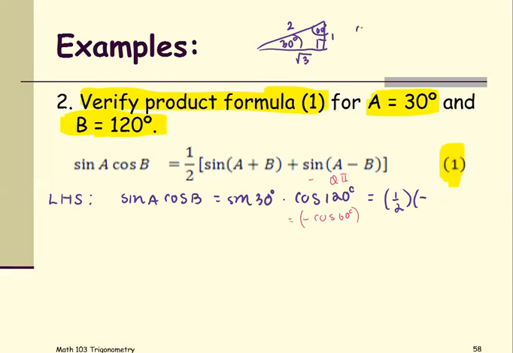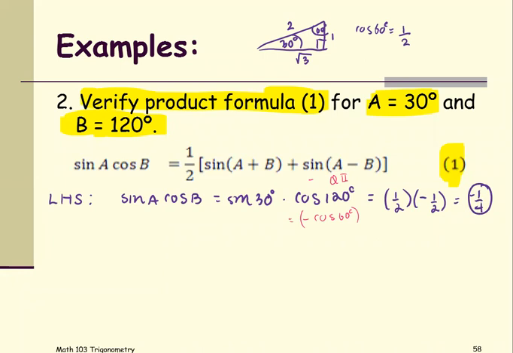Cosine of 60 degrees is the adjacent of the 60 degrees, which is 1, divided by hypotenuse, which is 2. So we have the value of cosine 120 degrees as negative 1/2. Simplify this product to be negative 1/4, which is the value of the left-hand side of the first formula.